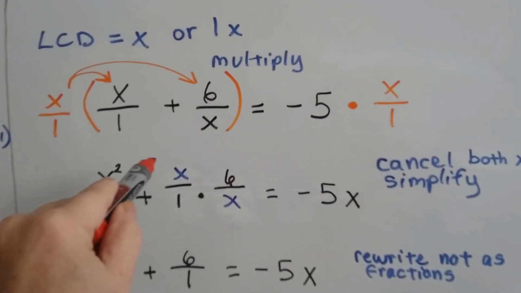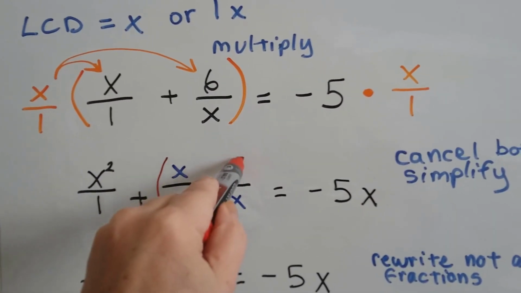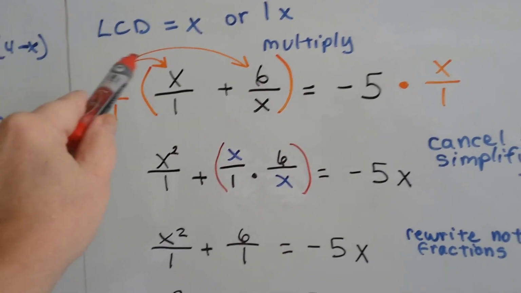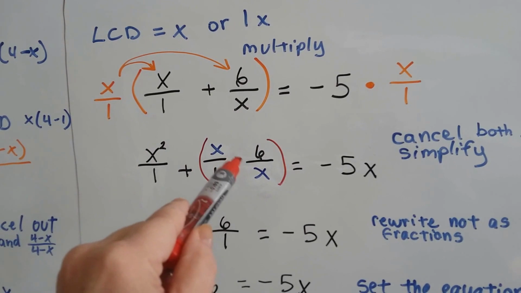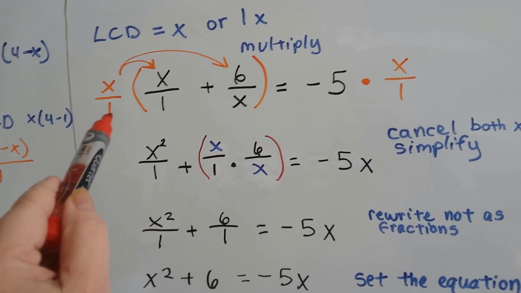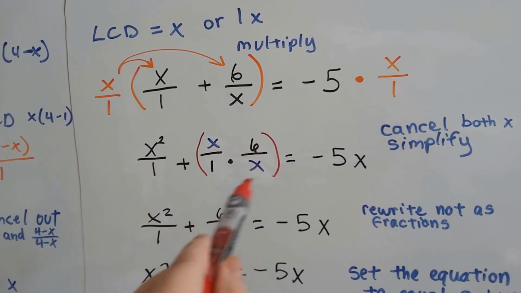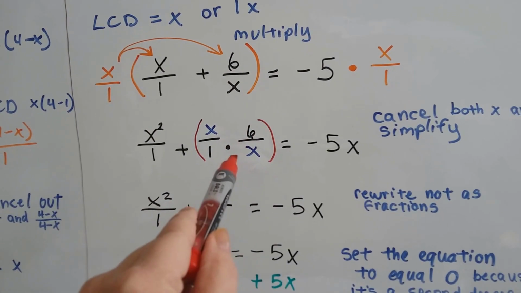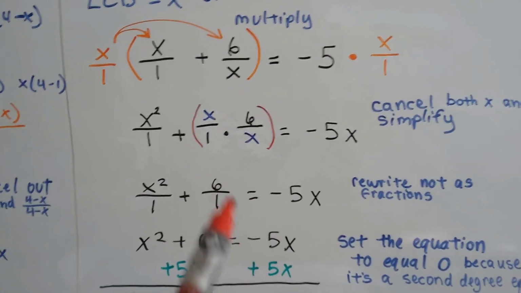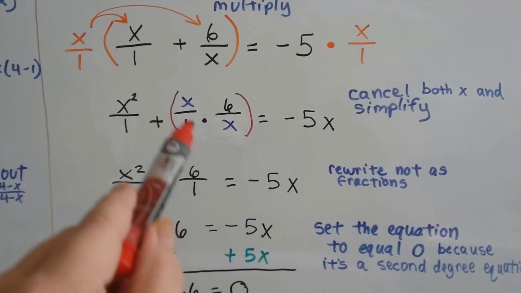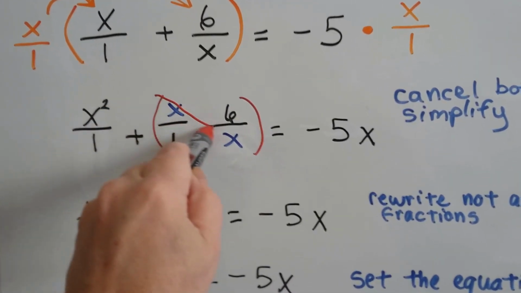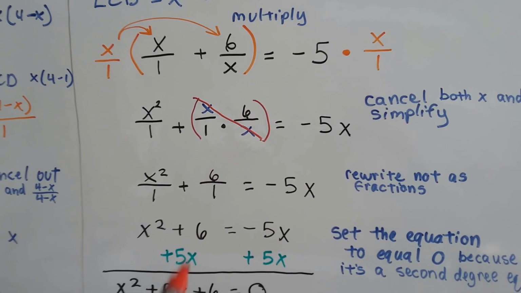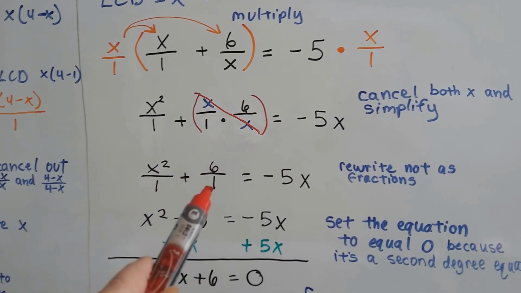I just rewrote it, see? I didn't distribute it fully. I distributed this to get here, and now this is the next part. I got x times 1 times 6 over x, see? And when I do this, I can cancel both this x and this x, see? And when I simplify it, I end up with just a 6 over 1, see?